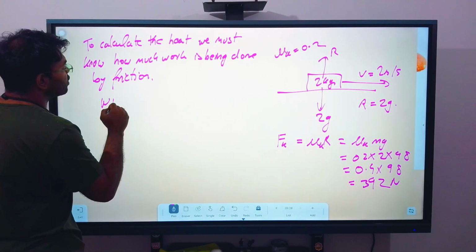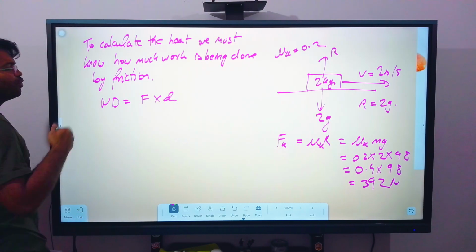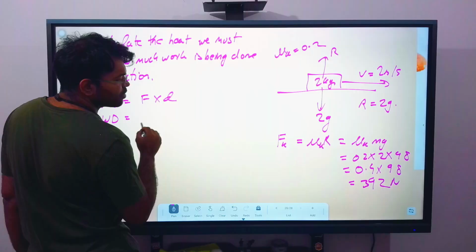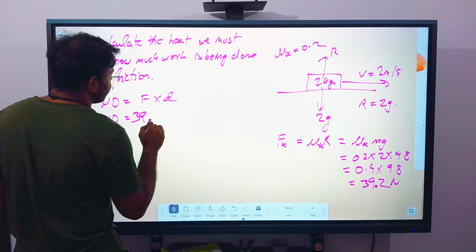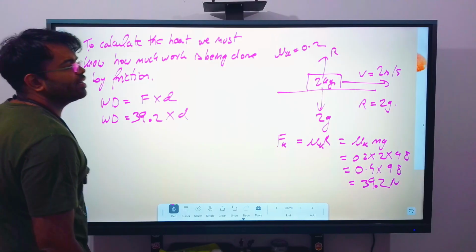We know that work done is equal to force multiplied by distance. Therefore, work done is equal to the frictional force, 39.2 multiplied by d.